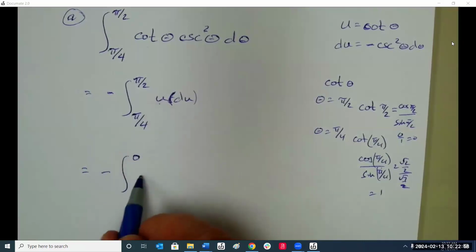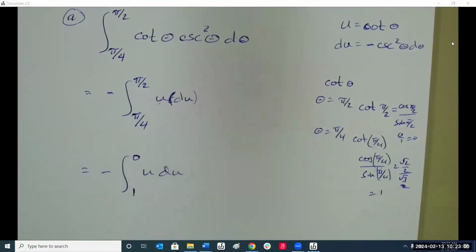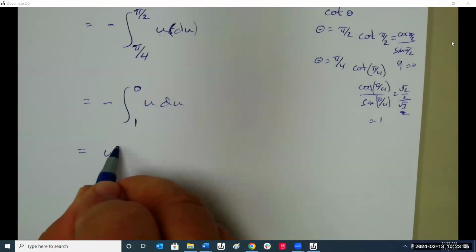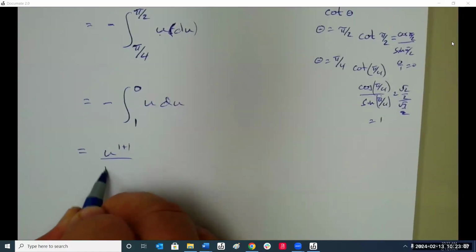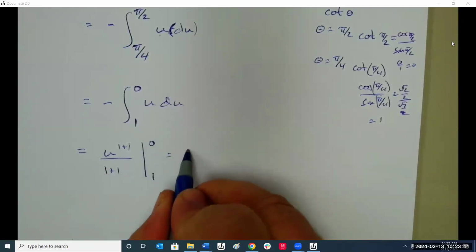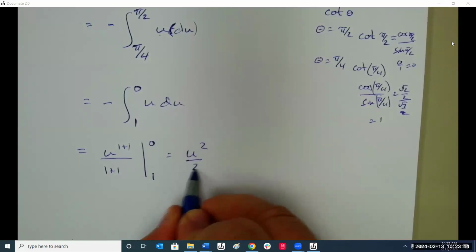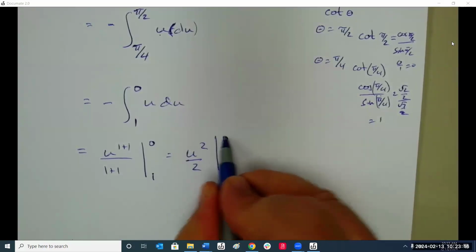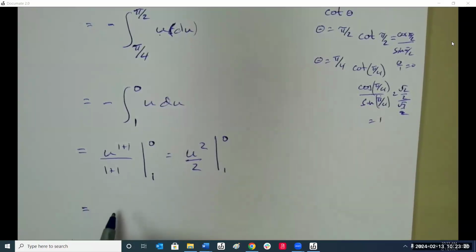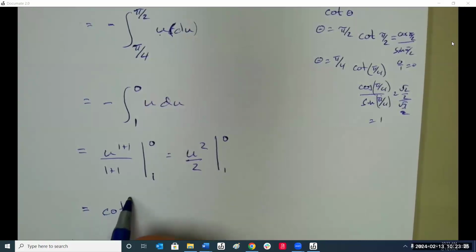So then we have u du. Integrating u, we get u squared over 2.